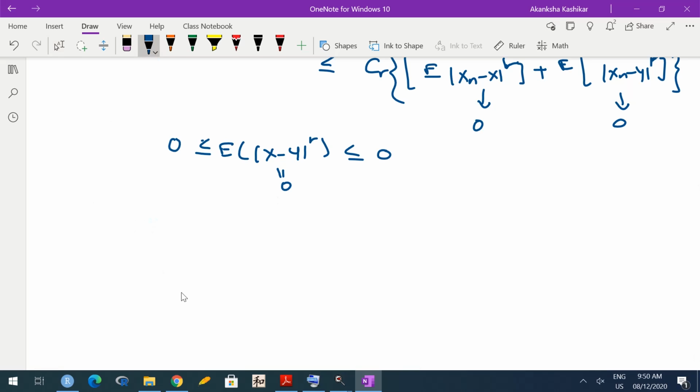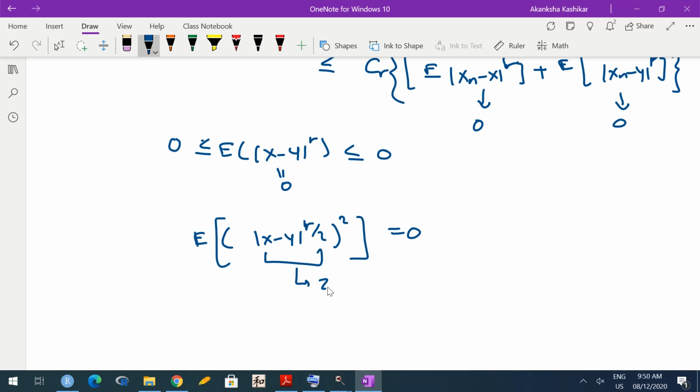What I'll do is, this expectation of |X - Y|^r, I will split as r by 2 and then square. So this we know is equal to 0. Now let this quantity be called Z. So what is my Z? My Z is |X - Y|^(r/2). So what I have now is expectation of Z squared is equal to 0.